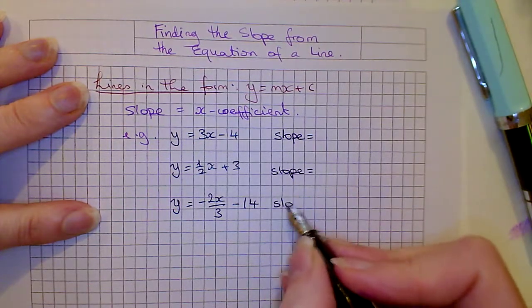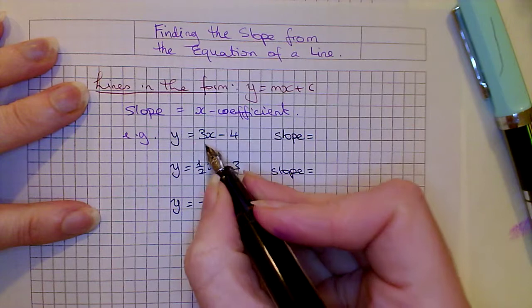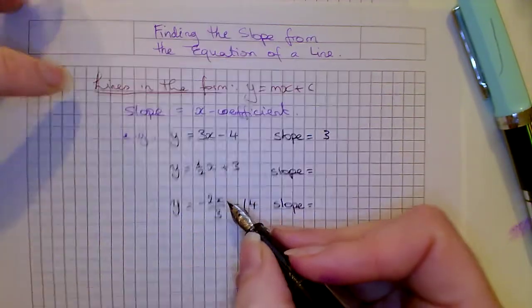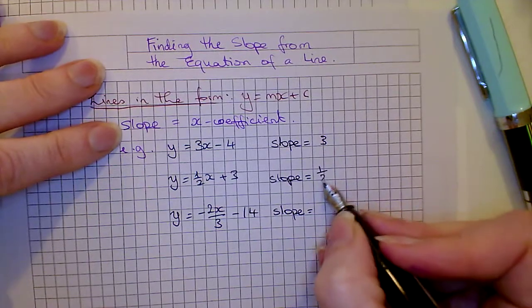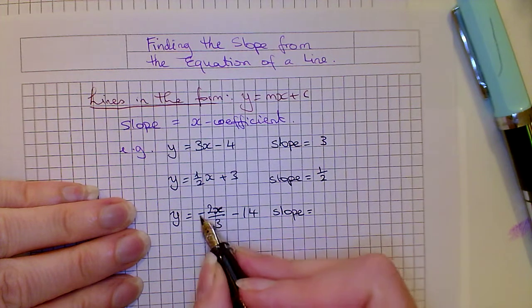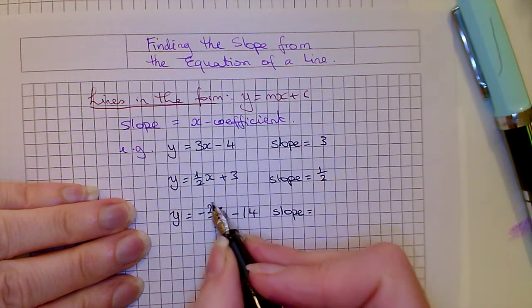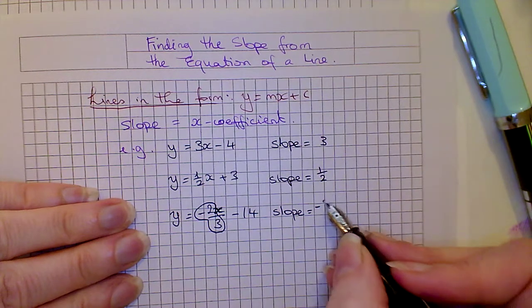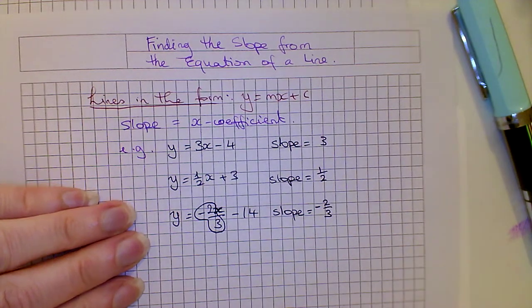It's just the number that is multiplying the x. So here the slope is 3. Here the slope is a half. And here the slope is, even though the x is on top next to it, minus 2 over 3. Just to get used to the different formats that can come up.